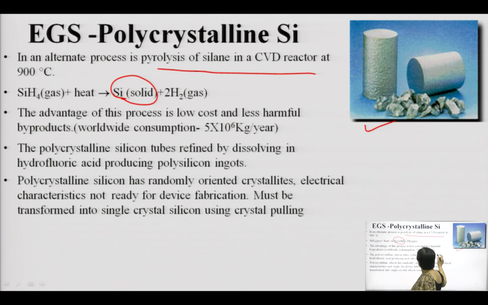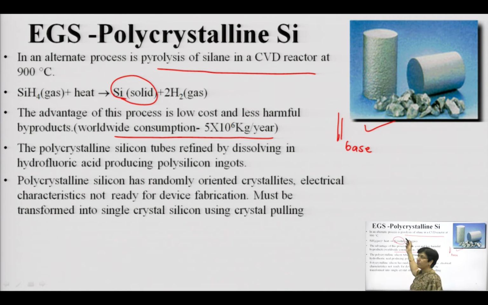Now, this polycrystalline silicon is basically the base material which is used for preparing single crystal silicon. The advantage of this pyrolysis process is that the byproducts can be easily disposed of, and it is cost effective because it is less expensive, and the overall worldwide consumption of silicon is so large.